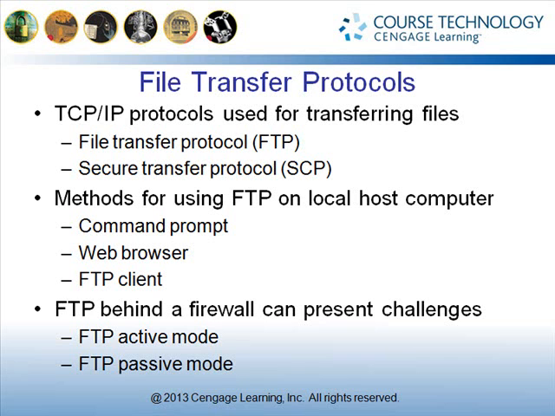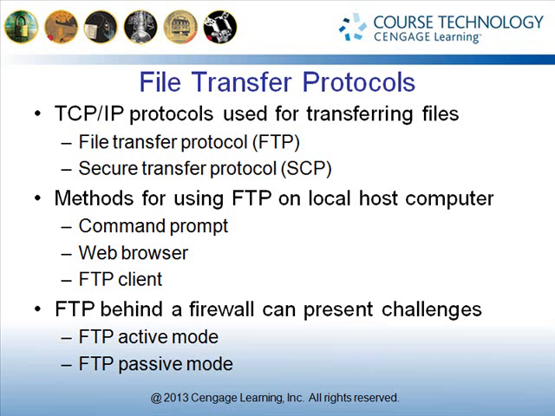However, the firewall may see this data channel connection request from the server as something that's unsolicited and drops the packets. This typically can be avoided by using something called FTP passive mode. What we just described was actually FTP active mode.